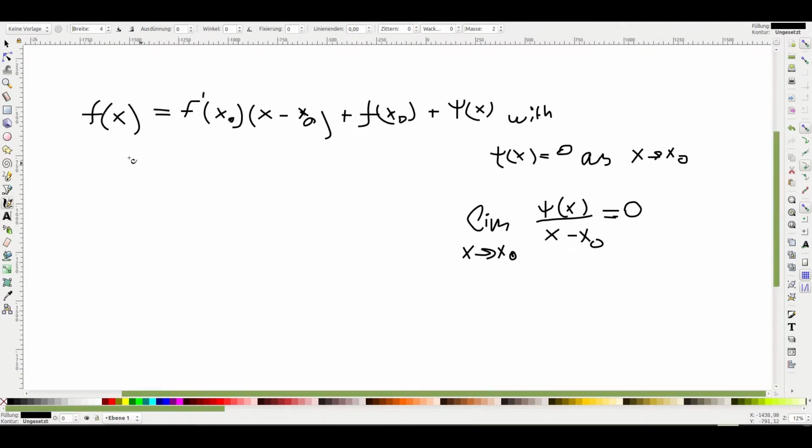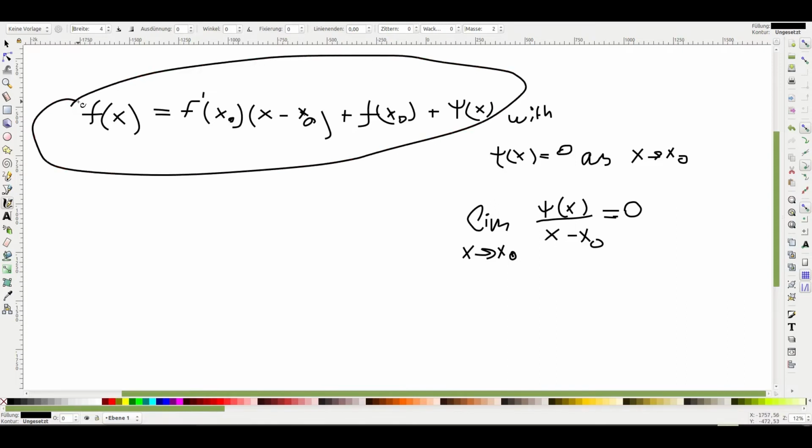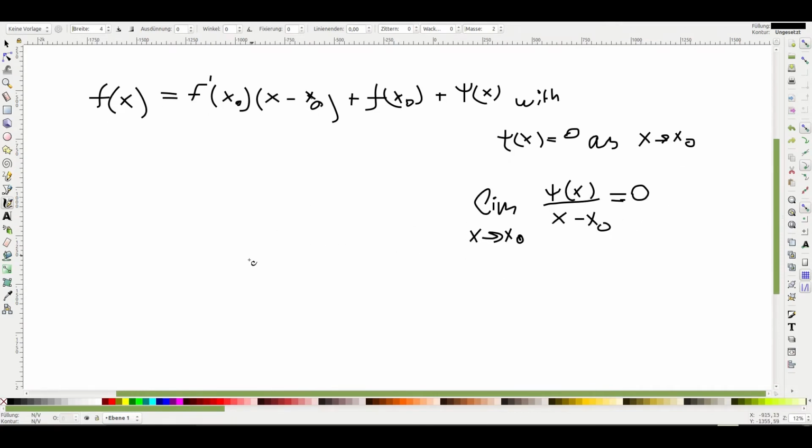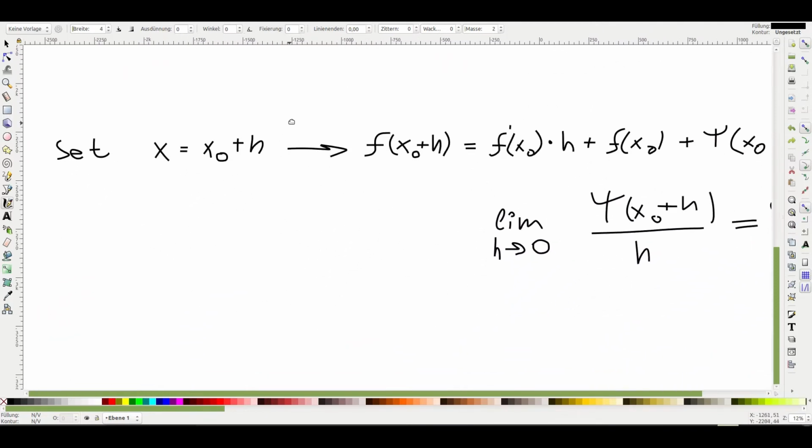So what we have so far is this approximation of a function, defined the following way, with psi of x going to 0 as x approaches x0, and furthermore the limit of psi of x over x minus x0 as x approaches x0 is equal to 0. Now what we're going to do next is redefine x.